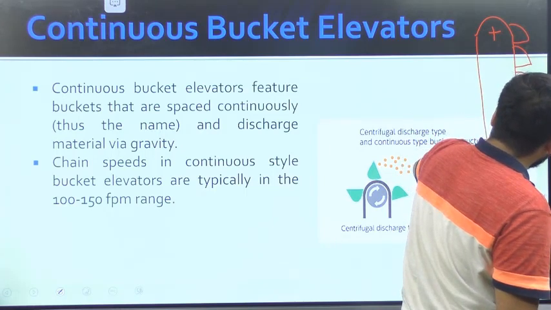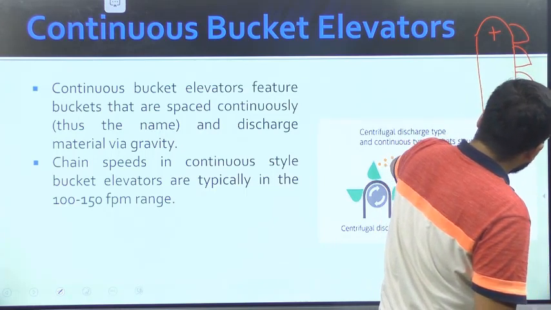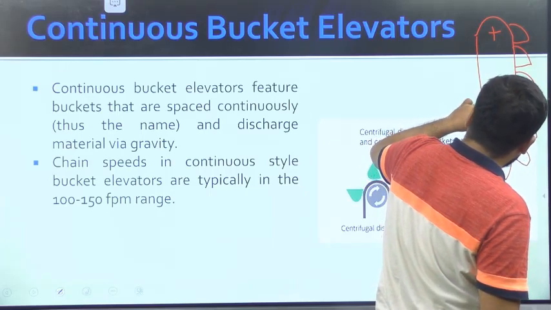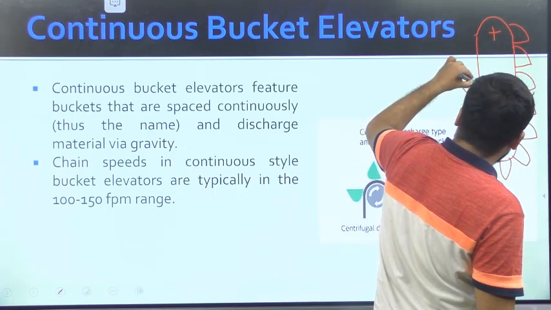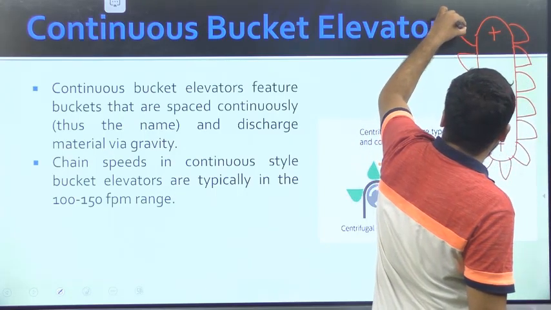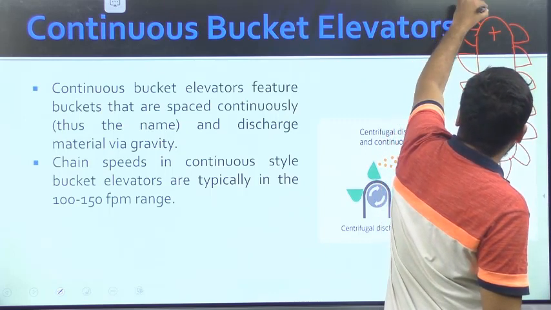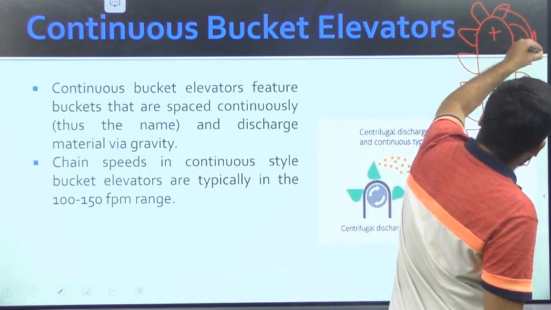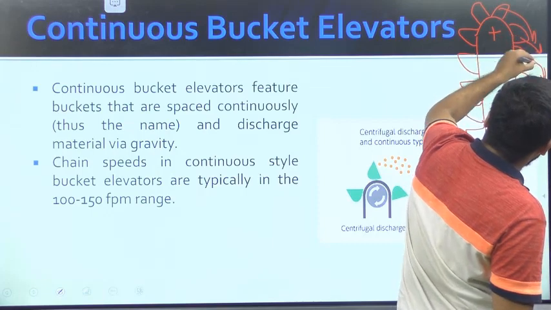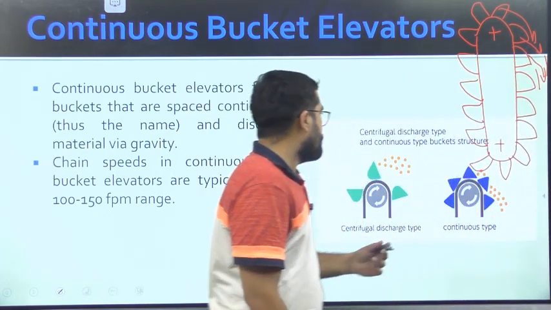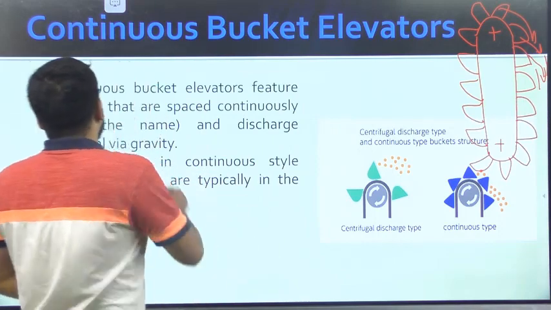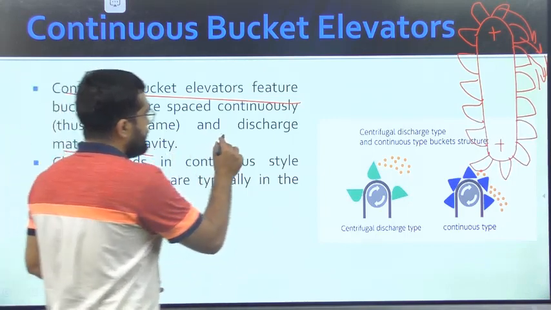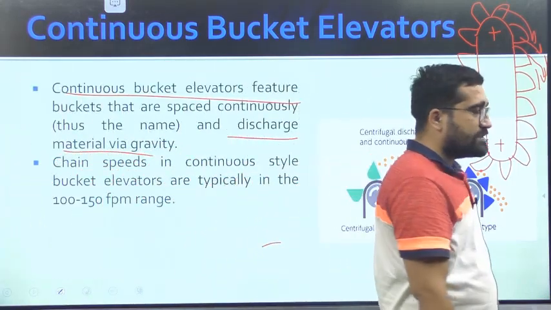When one bucket ends, the other will start. Now the discharge will be with the help of gravity, so the discharge will be like this. So this is the continuous bucket elevator, and gravity discharge takes place in the continuous type of bucket elevator.